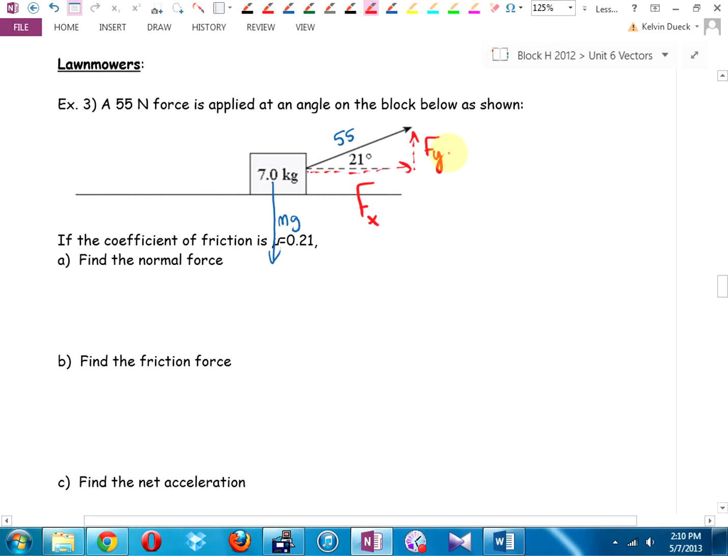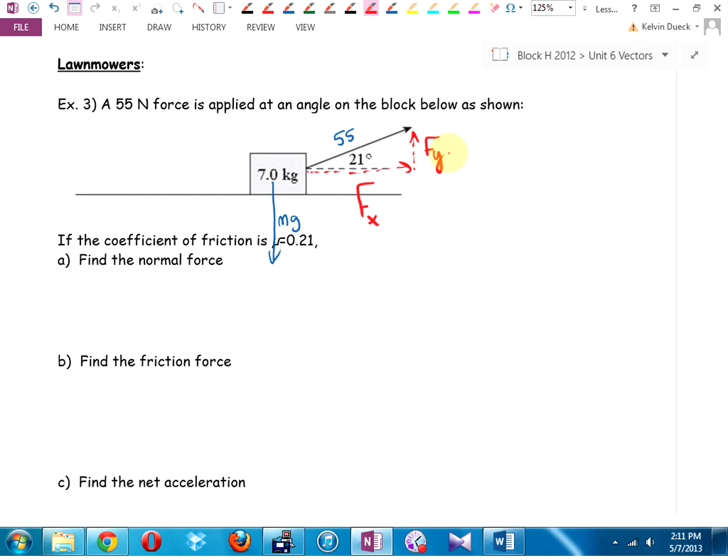Which way is Fy pointing? A two-letter word that begins with the letter U and ends in the letter P. Up. Now here's what that means then. You have gravity down, and normally, normal force, no pun intended, needs to cancel out all of gravity.